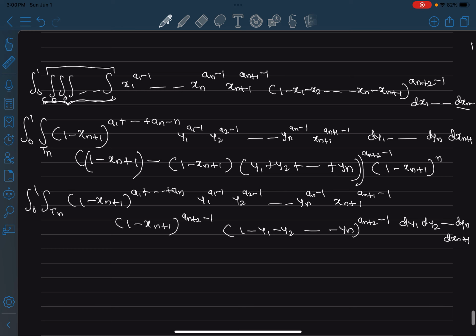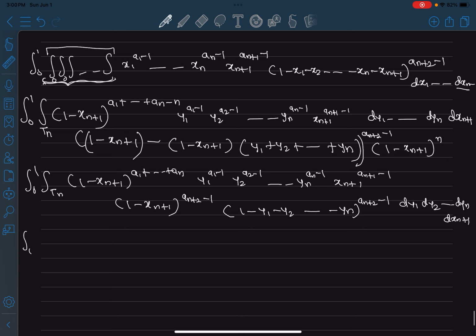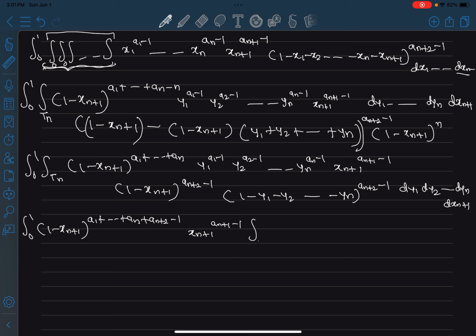So I can actually take this xn plus 1 out, right? So we'll have 1 minus xn plus 1 to the power a1 up to an, and there's also this an plus 2 minus 1, and also xn plus 1 to the power an plus 1 minus 1, right? And inside we have y1 to the power a1 minus 1, y2 to the power a2 minus 1, up to yn to the power an minus 1. And finally we can use the inductive hypothesis, right?